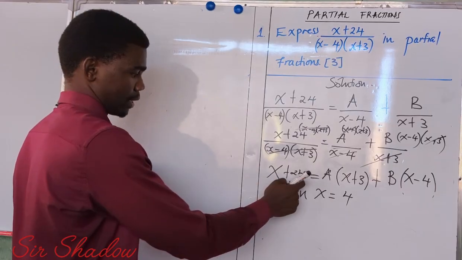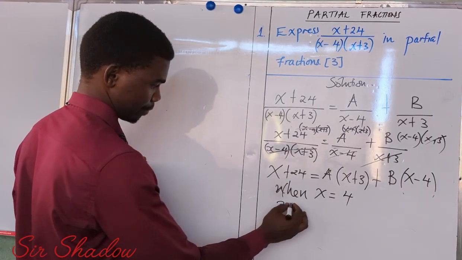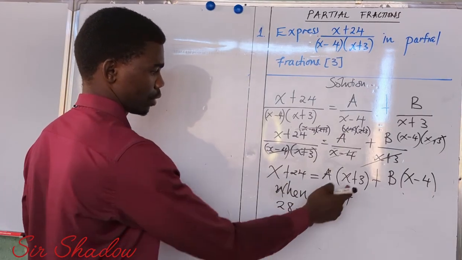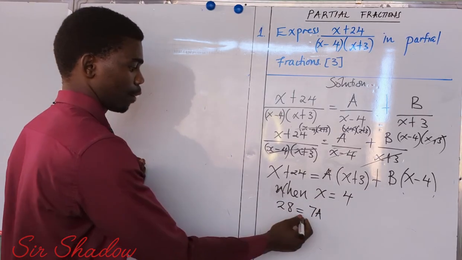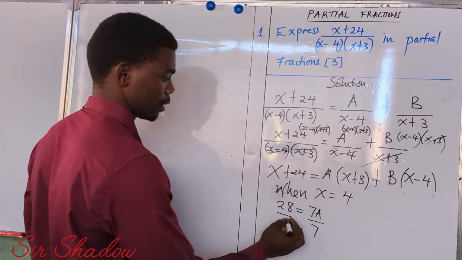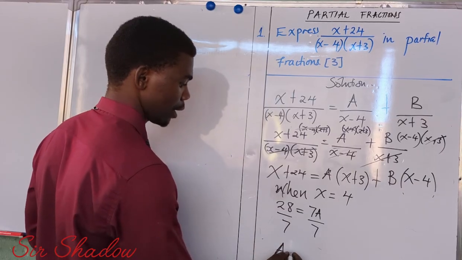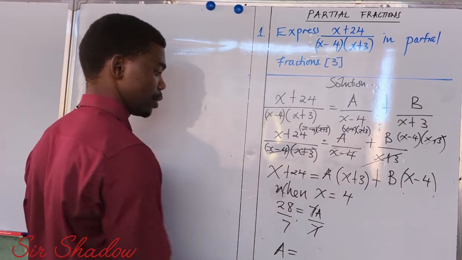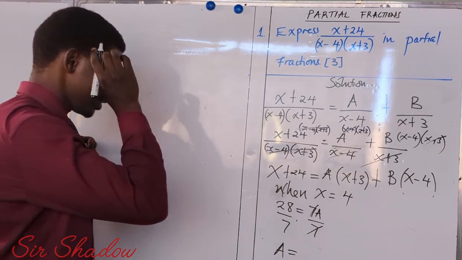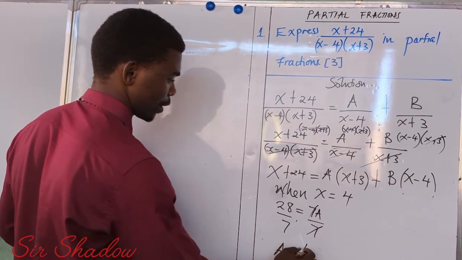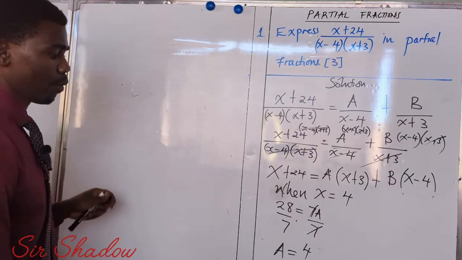So 4 plus 24, I get 28, is equal to 4 here becomes 7a. Finding the value of a, divide by 7, divide by 7. a is equal to 28 divided by 7, I get 4, which is 14, 21, 28. So a is equal to 4.